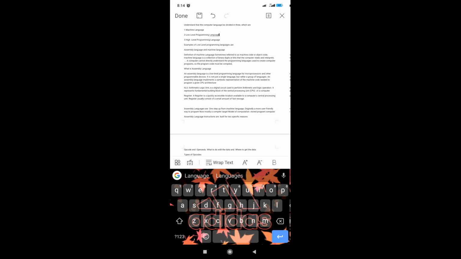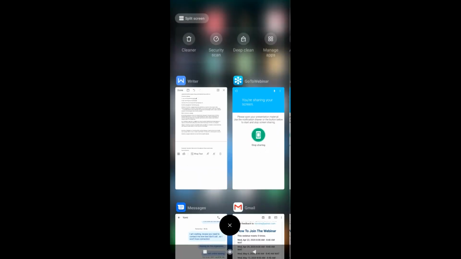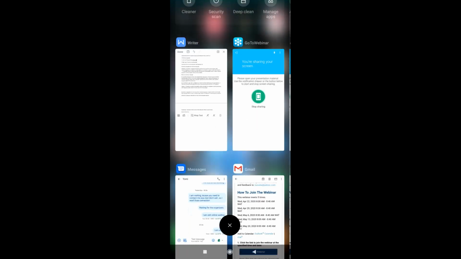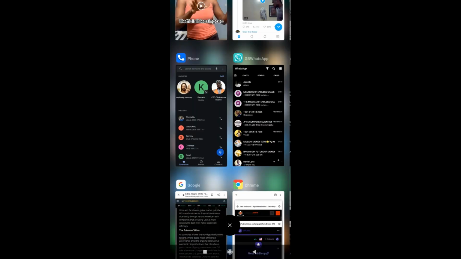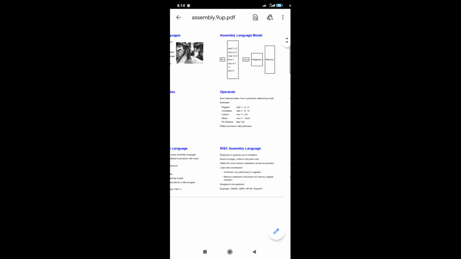For the sake of more explanation, I'm going to minimize my screen now and show you a typical example of what assembly language looks like. Please take note of these things which I just ticked now.